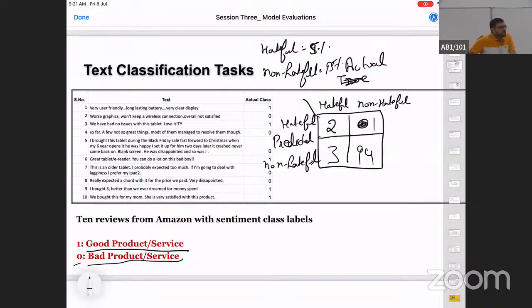So what is going to be the precision of this model? That's the first question. And how will you define the precision? I just know one thing, that the formula of the precision is true positive divided by the sum of true positive plus false positive. That's the formula I know. But we have to define what class I am going to consider as positive.